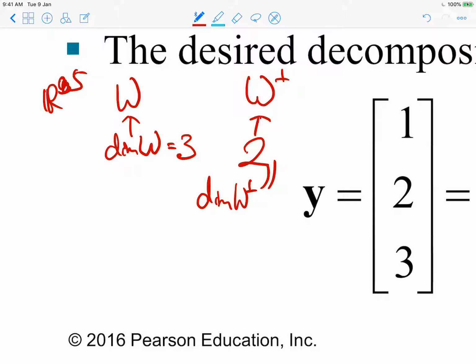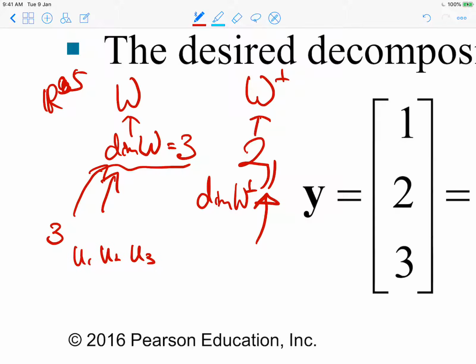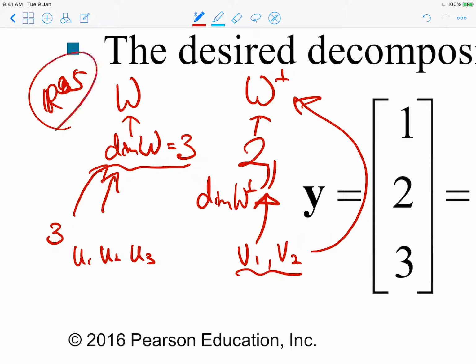So in this case, we just choose 3 orthogonal basis vectors over here, U1, U2, and U3, and we choose an orthogonal basis from W perpendicular, maybe let's call it V1, V2, still living in R5.